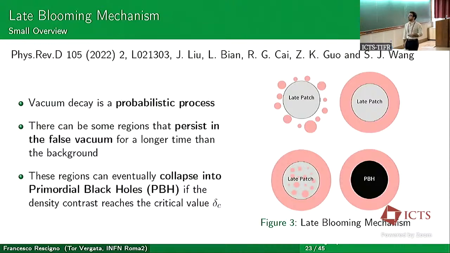But the point is that we will adopt a value for this delta C that is 0.45. But in literature, I think that there is no agreement in this case on what value of delta C we can use. I think that we need numerical simulation about this point. But yes, there are some discussions around the use of the density contrast criterion in this case.